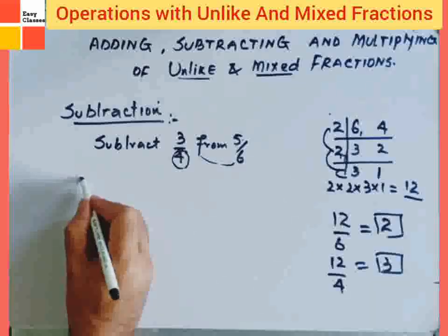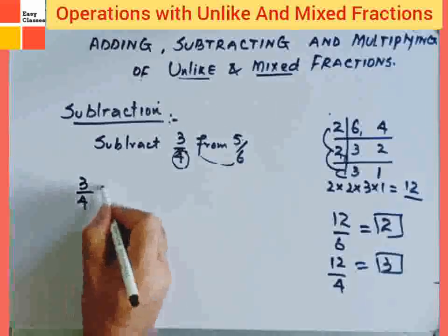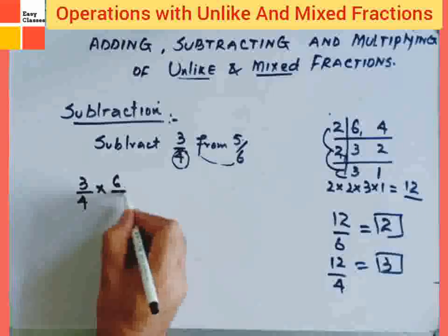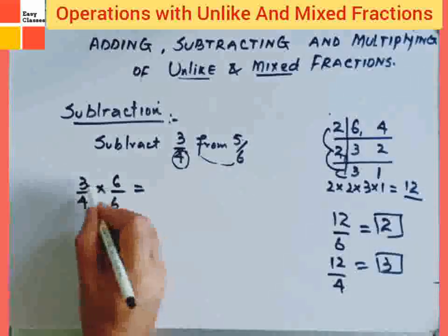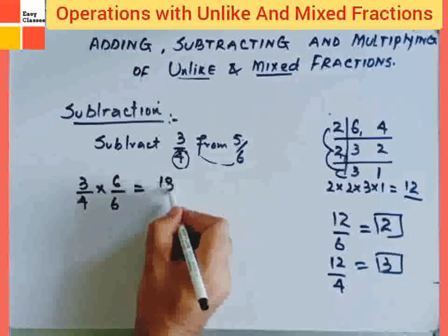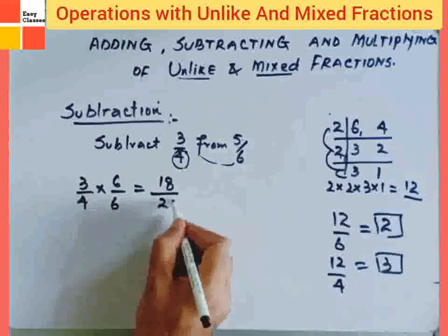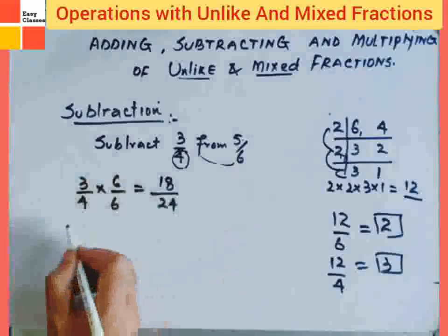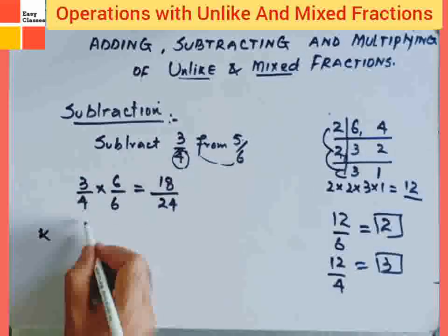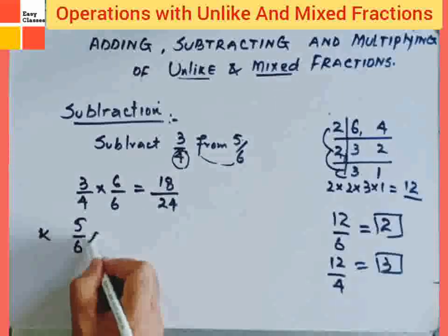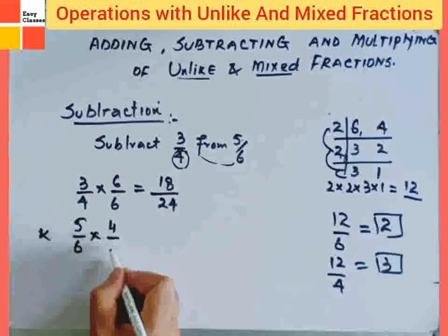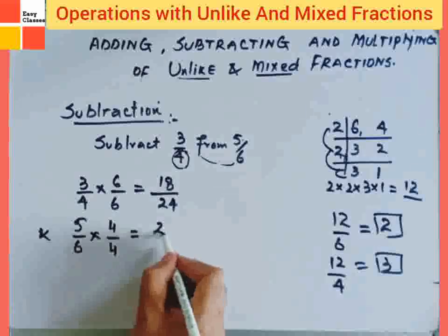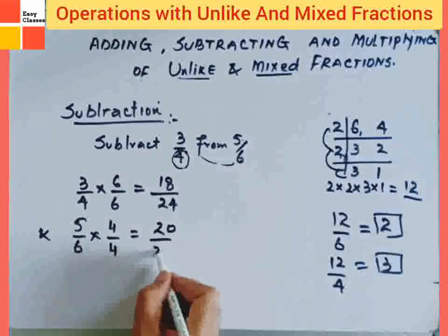So first take 3/4, multiply its numerator and denominator by 6. You will get 6 threes are 18 and 6 fours are 24, right? Now take this 5/6, multiply its numerator and denominator by 4. You will get 20, 6 fours are 24.